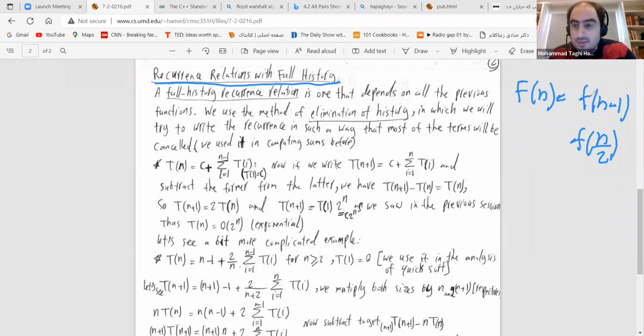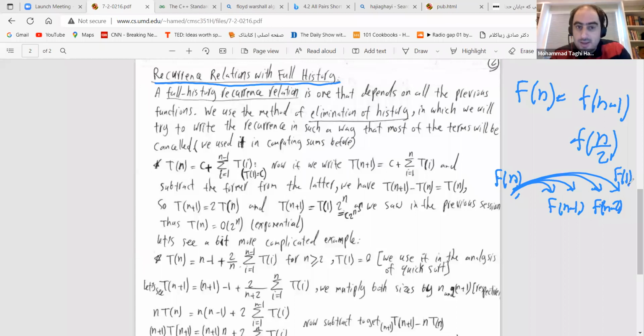What is the full history? It is when you want to get f of n, it is a function of all previous values: f of n minus 1, f of n minus 2, and so on, up to f of 1.